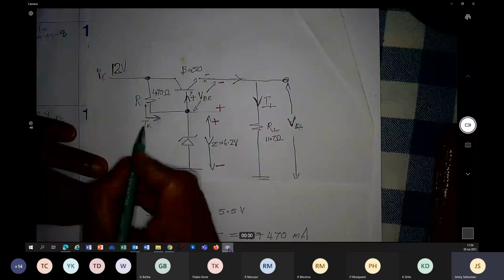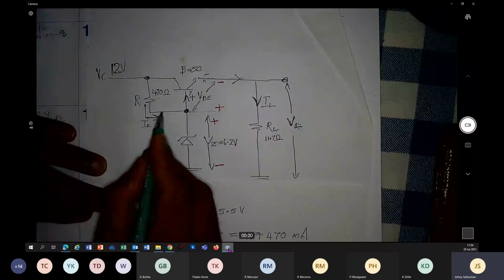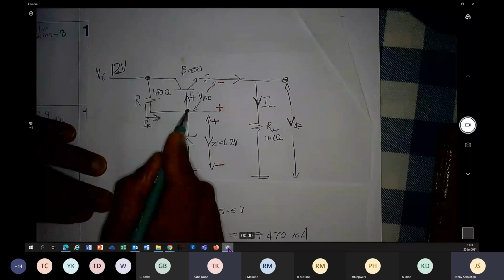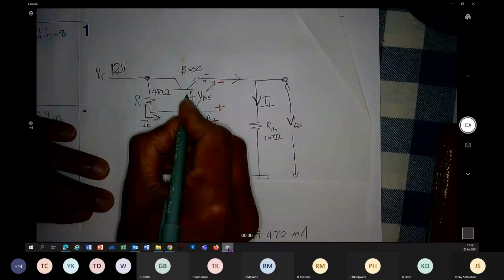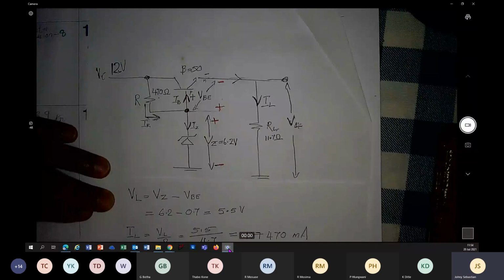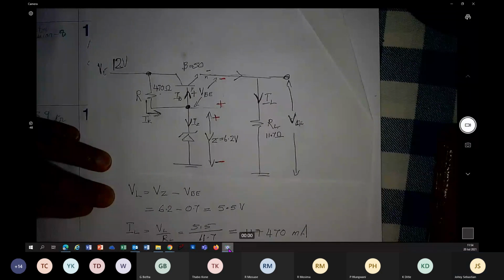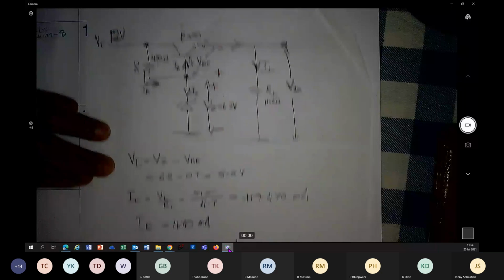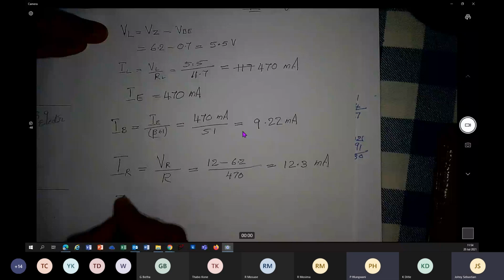IR reaches that point, it splits into two different currents, IB and IZ. That is IB. IB we already know. IR we already have. How do you find IZ? It's going to be IR minus IB.